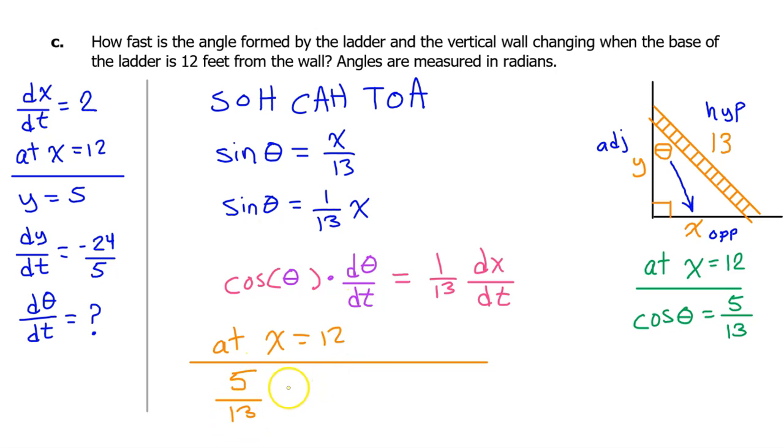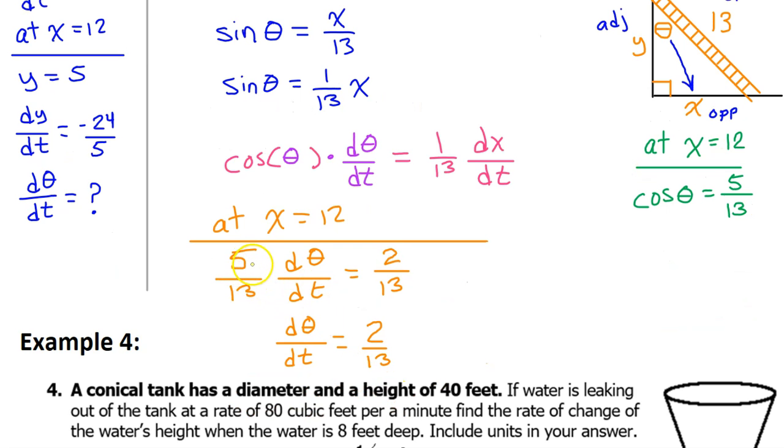And we are looking for d theta dt. And we have 1 over 13, and dx dt is 2. So really, I'm going to just put 2 over 13. We can cancel out the 5 over 13 by multiplying by the reciprocal.